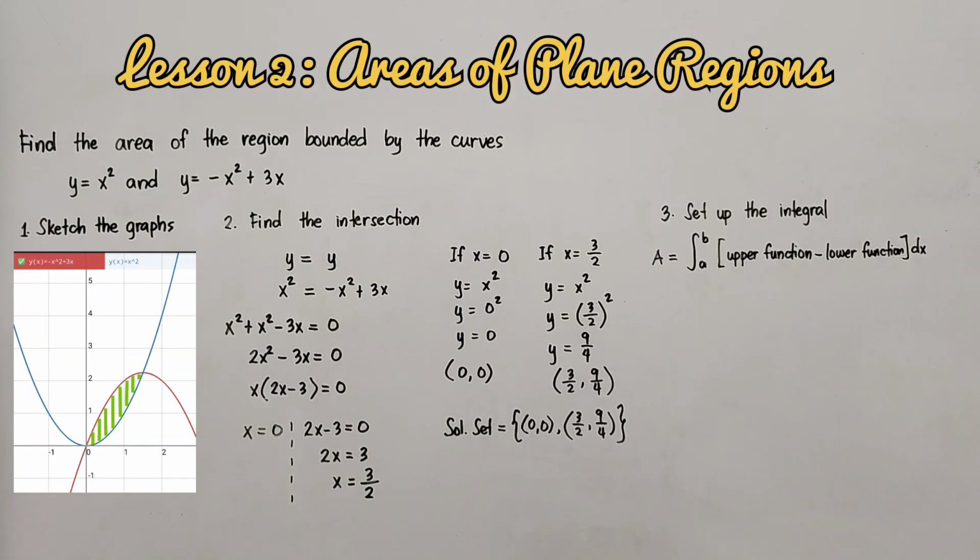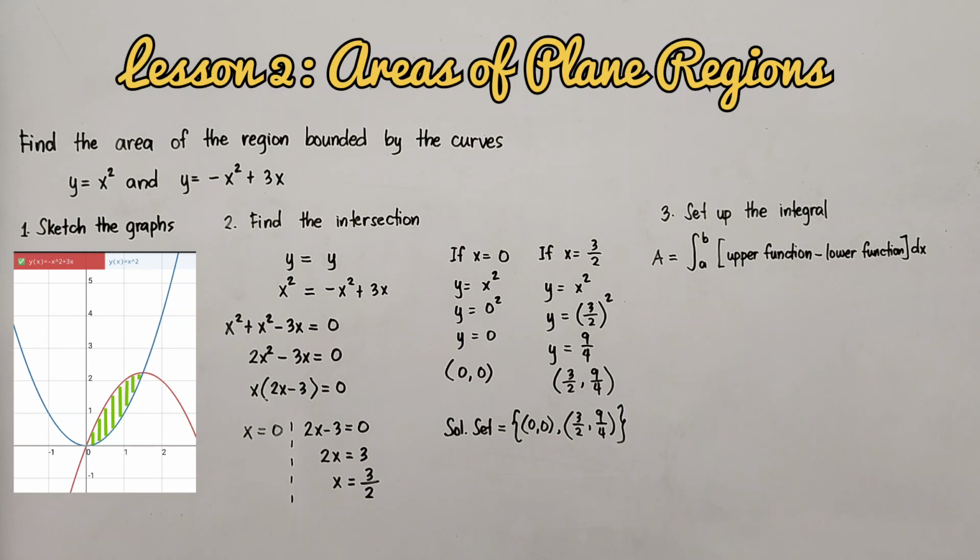And for the third step, we need to set up the integral. Take note of this formula: the area for this kind of problem is the integral of the upper function minus the lower function dx from a to b. And this a to b represent the values of x. In this case, our a is 0 and our b is 3 over 2.